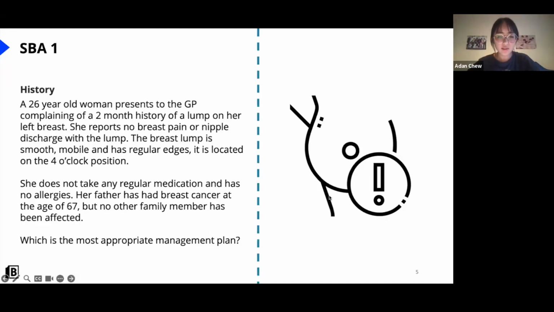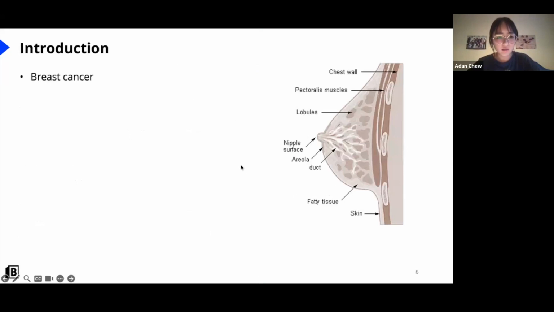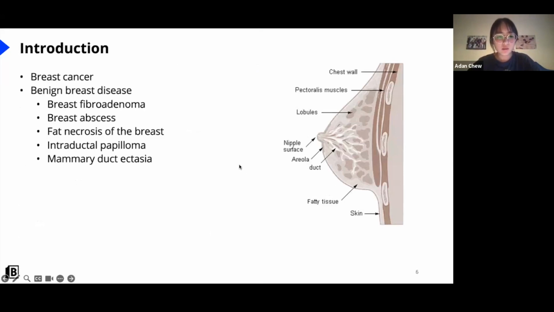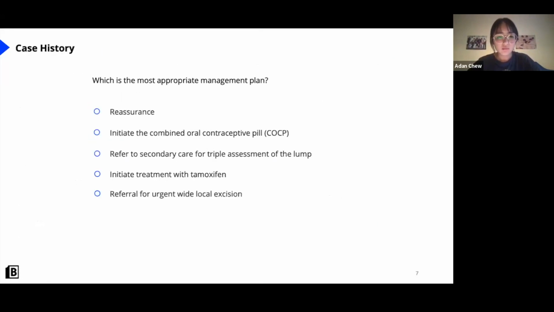So what's the most appropriate management plan for this 26-year-old lady with a left breast lump? I'll give you 10 more seconds to think about it.